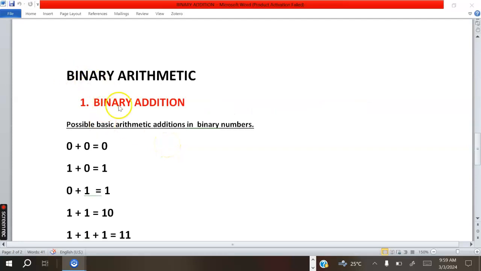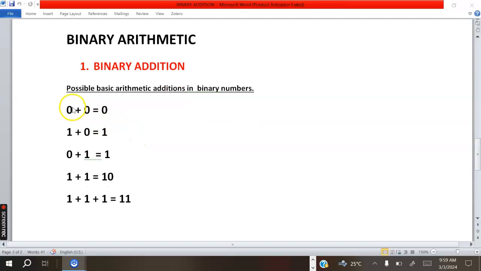For binary addition, we need to remember that the binary number system is a number system with two digits, that is 0 and 1.